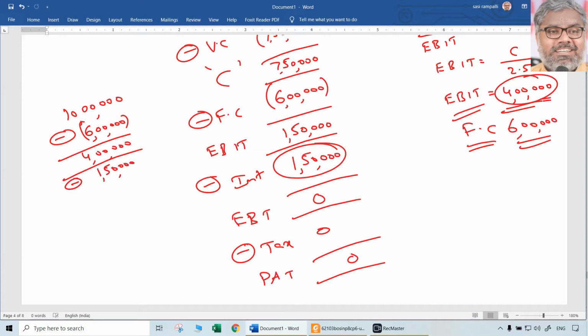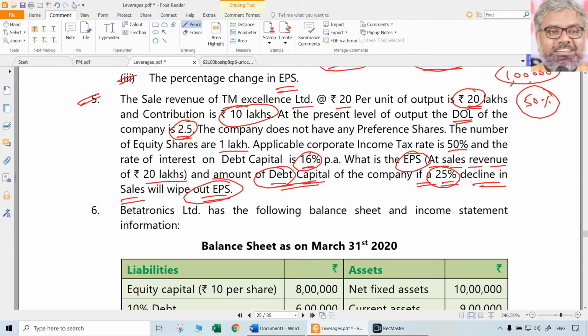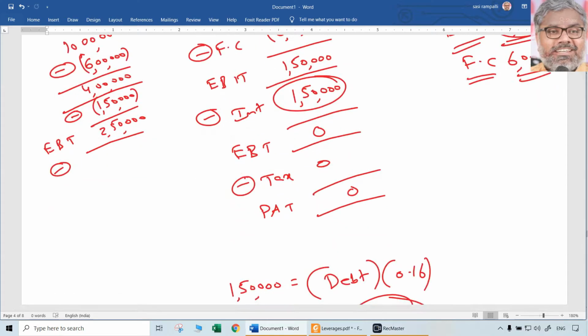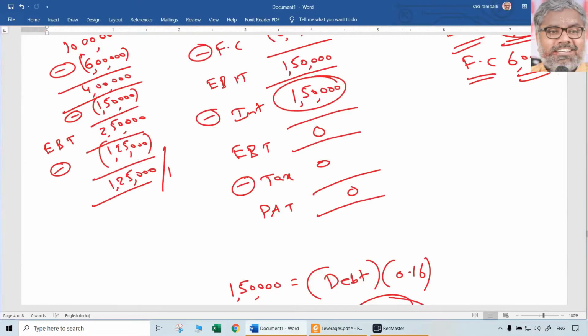That is not going to change. When the debt is 937,500, interest is going to be the same. So 2,50,000 is going to be EBT. Tax rate is given as 50%, so 1,25,000 is the tax. So profit is 1,25,000. That is available to equity shareholders, divided by the number of equity shares, which is 1 lakh.